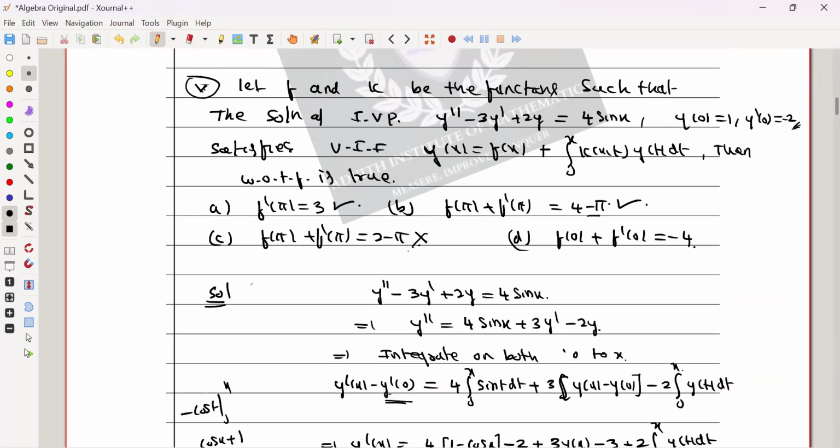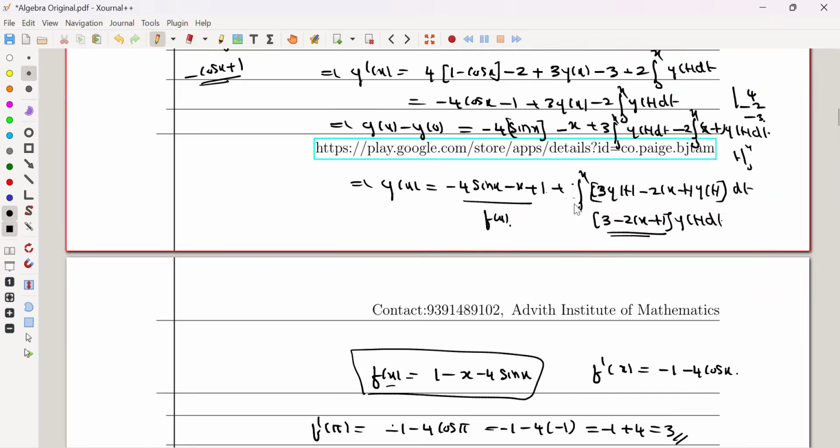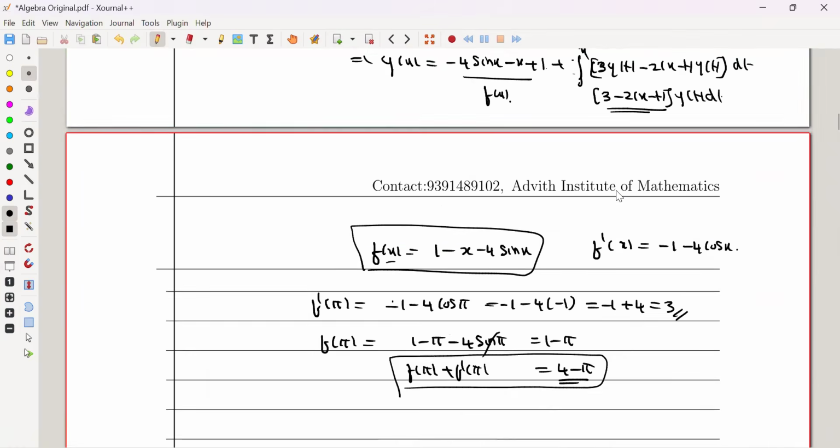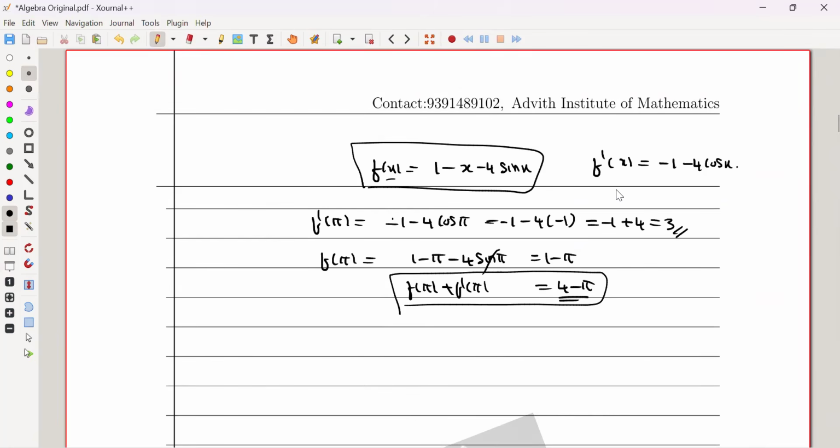So next one f of 0 plus f dash of 0, which is equal to how much? 4 minus 4, it says. So f of 0, substitute f of 0. So f of 0 is equal to 1 minus 0 minus 4 into sin 0, which is equal to 1, and f dash of 0 is equal to minus 1 minus 4 into cos 0, sir. Cos 0 is 1, right?